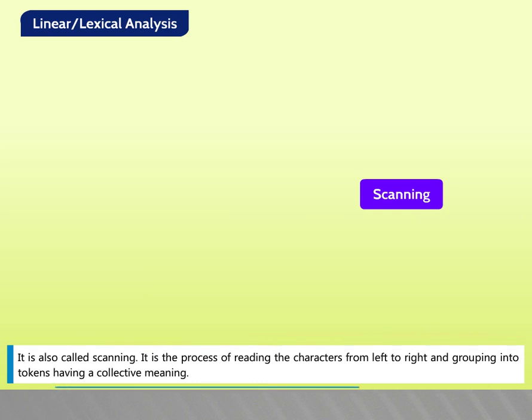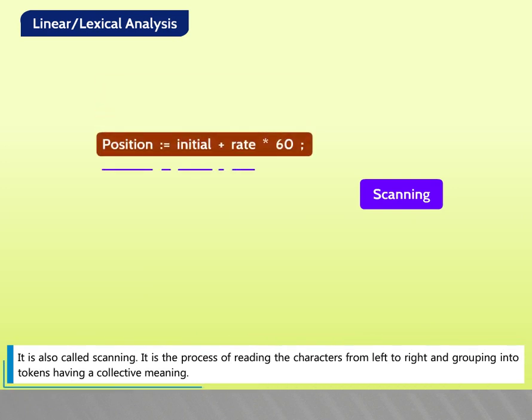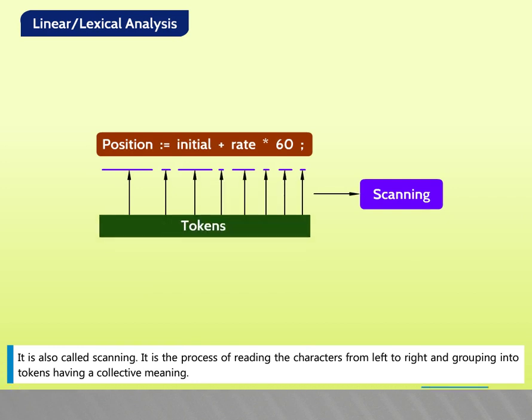Linear or lexical analysis. It is also called scanning. It is the process of reading the characters from left to right and grouping them into tokens having a collective meaning.